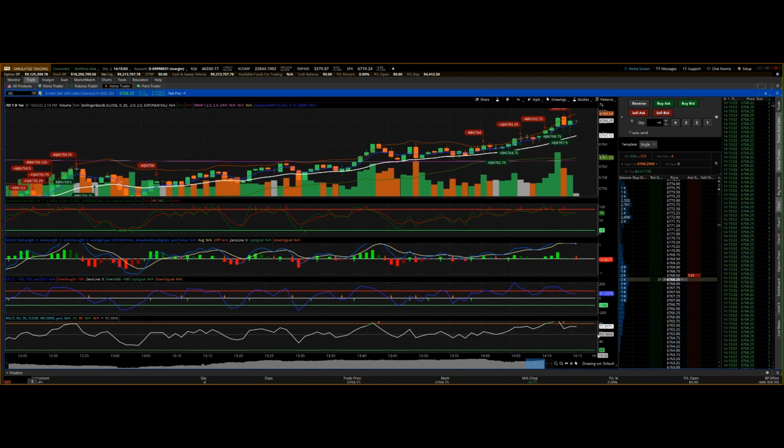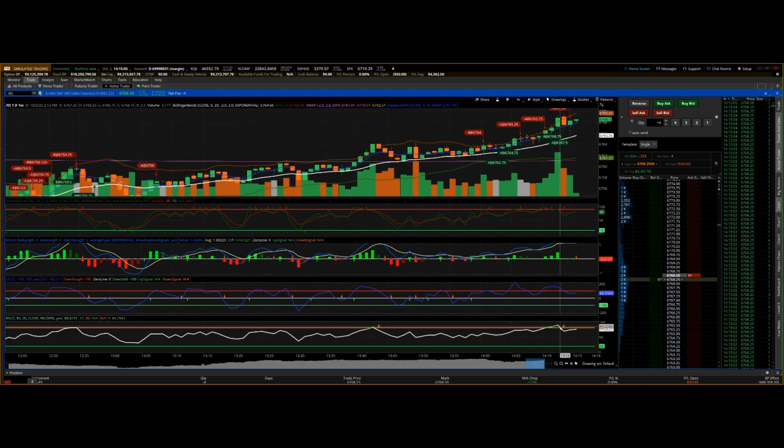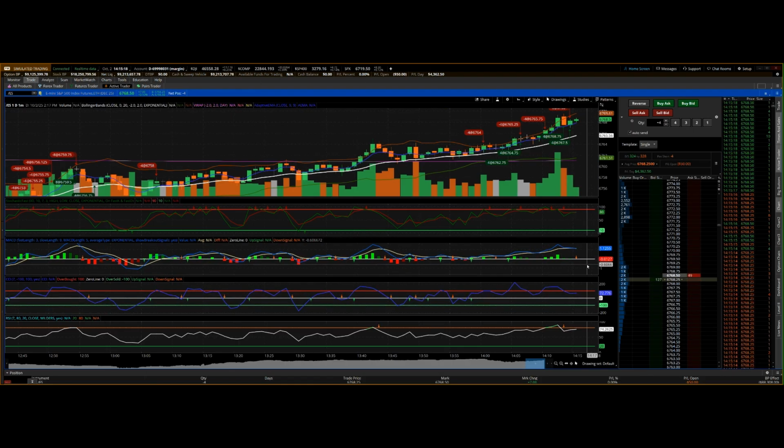Okay, let's see. RSI started to go down, but now it's curling back up. Same thing with CCI. MACD weak, very weak.